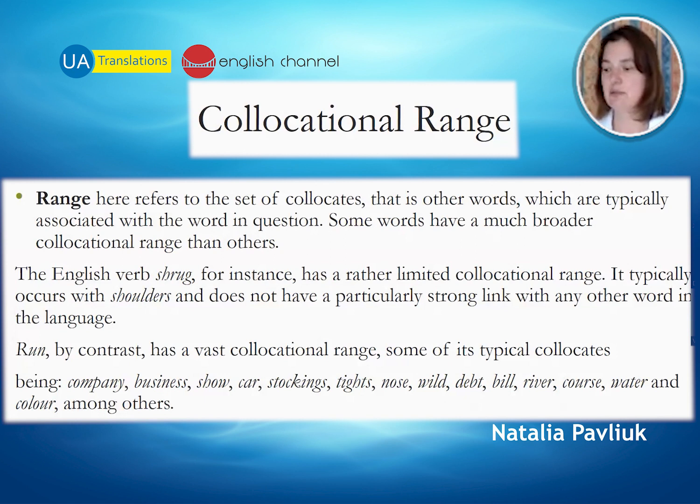For example, the English verb shrug is usually used only with the noun shoulders, to shrug your shoulders, yes, and doesn't have a particularly strong link with any other word in the language. Run, by contrast, has a vast collocational range. Some of its typical collocates are company, business, show, car, stockings, tights, nose, wild, debt, bill, river, course, water, and color, among others.